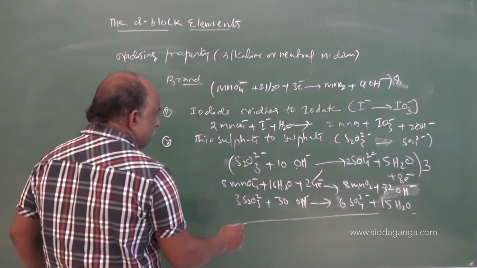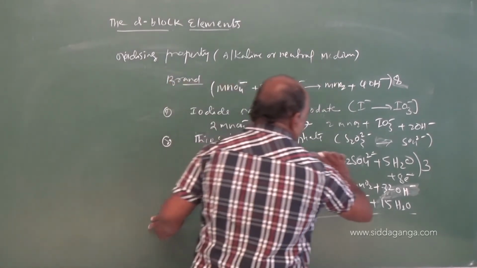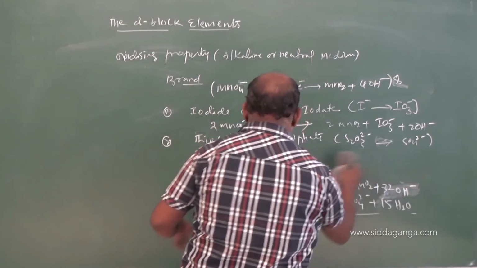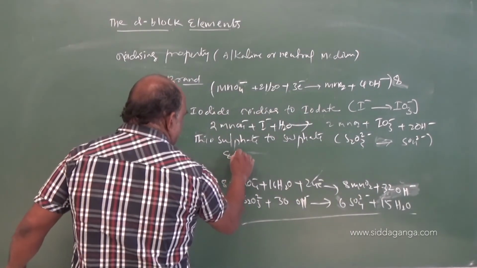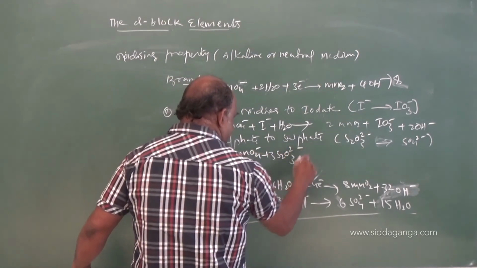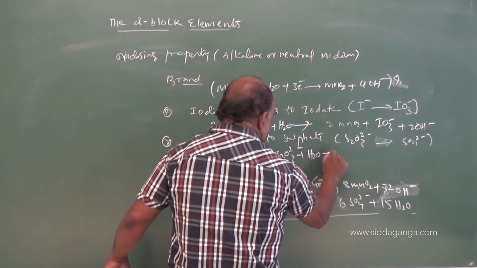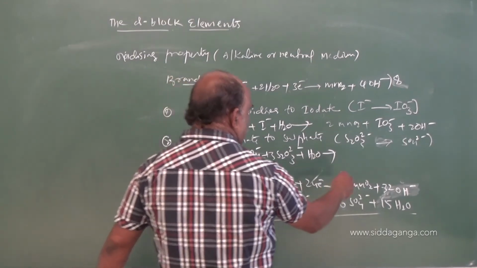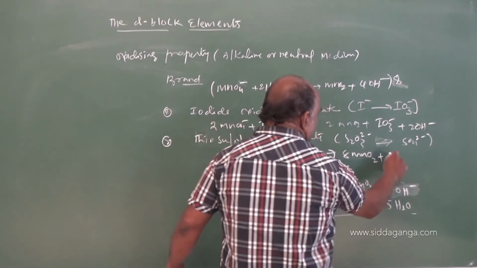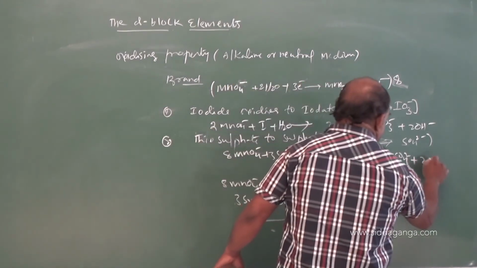So what will be the overall equation regarding this? 8 MnO4 minus plus 3 S2O3 2 minus plus H2O gives rise to 8 MnO2 plus 6 SO4 2 minus plus 2 OH minus.